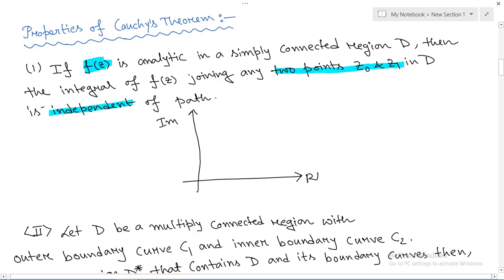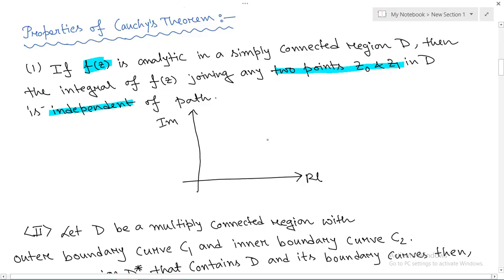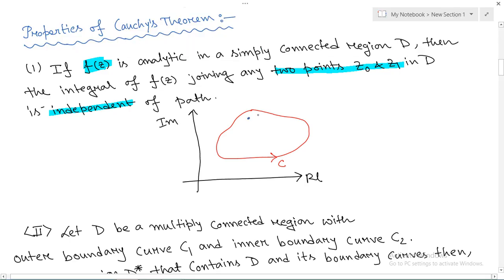Now we have one simply connected region which is enclosed by a curve C taken in the anti-clockwise sense, and throughout this region the function is analytic. Suppose within this region we consider any two different points. Say the first point is z0 and the second point is z1. These two points can be placed anywhere inside this region.